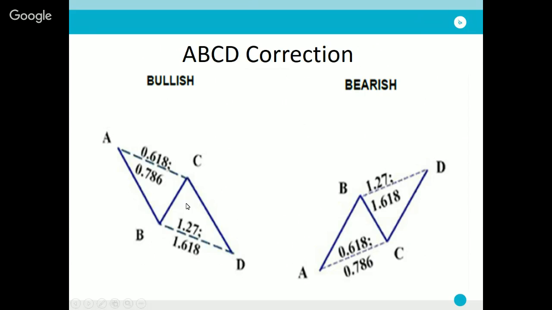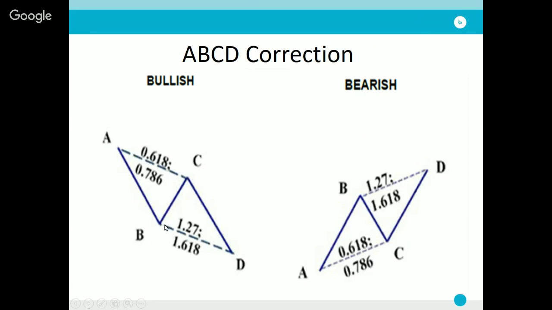Now the pattern can either form as a corrective pattern within a trend structure, or it can simply be a counter trend reversal pattern. Where we see the pattern forming to the downside like this, we're anticipating a bullish reversal. And where we see the pattern forming to the top side like this, we're anticipating a bearish reversal. The key component of this pattern is that we see two drives of similar length.